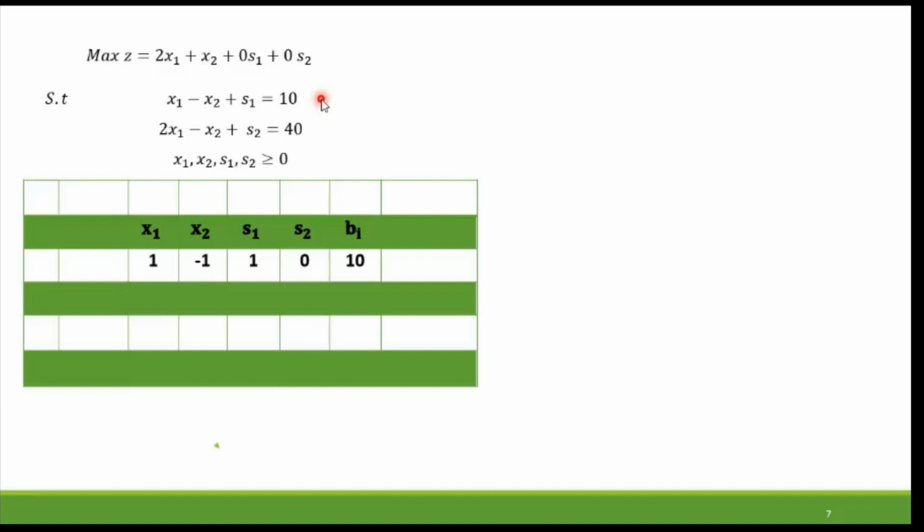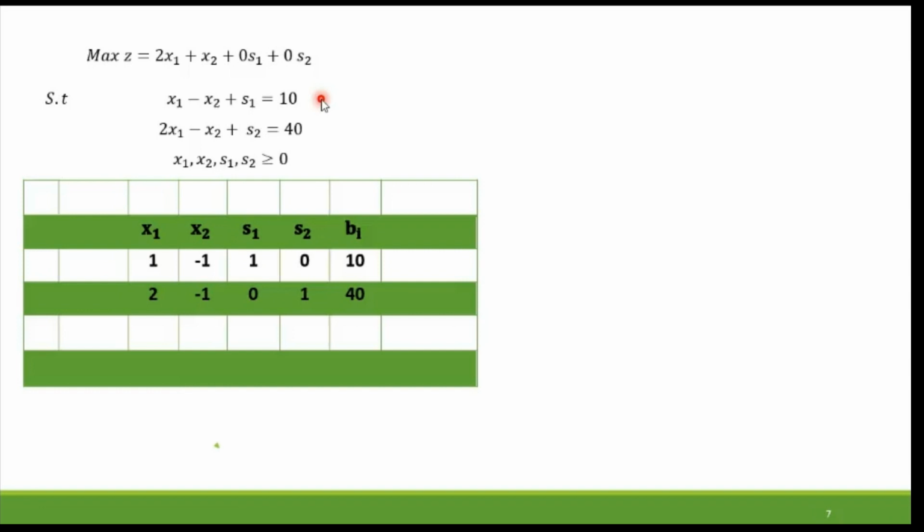Okay, so the coefficient of x1 is 1, x2 is -1, s1 is 1, s2 is not there in the first constraint, that becomes 0. And the right hand side is 10. Second, 2, just do it along with me so that it will be clear. -1, s1 is not there in the second constraint, s2 and then 40.